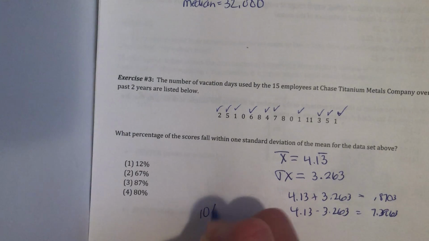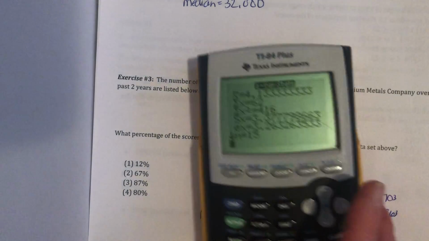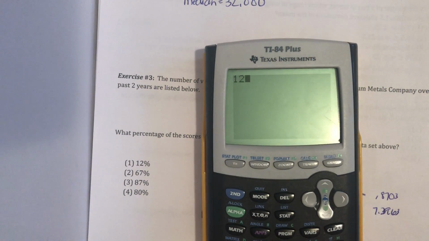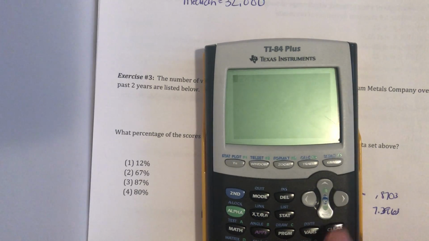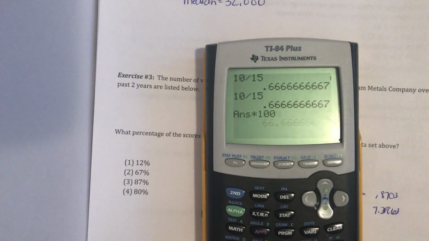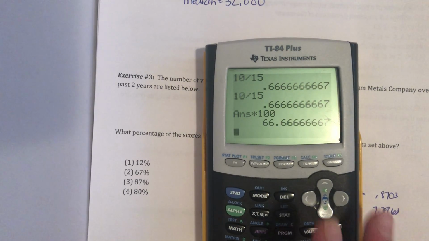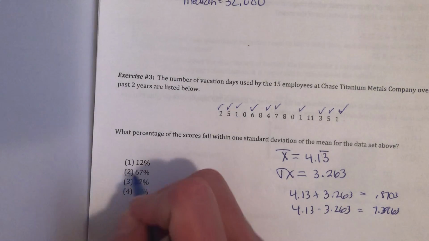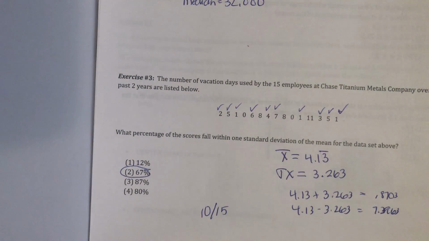There's 10 out of 15. So what's 10 out of 15 as a percentage? At this point, again, you could just leave it that way. If you want to see it as a whole percentage, you can always multiply by 100. So 66.6 repeating percent, that would closely match choice 2.